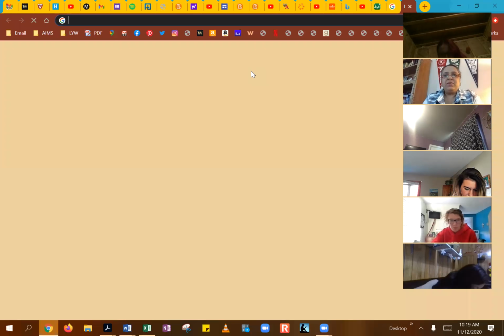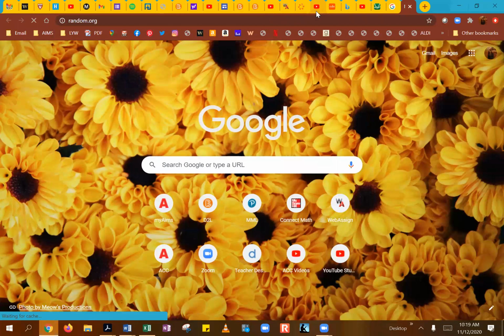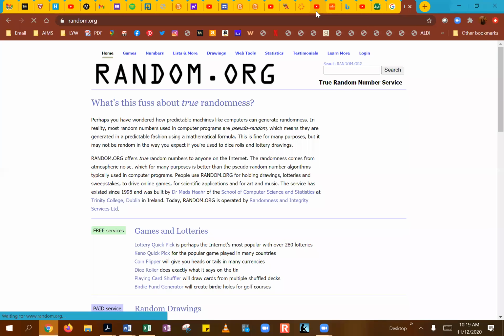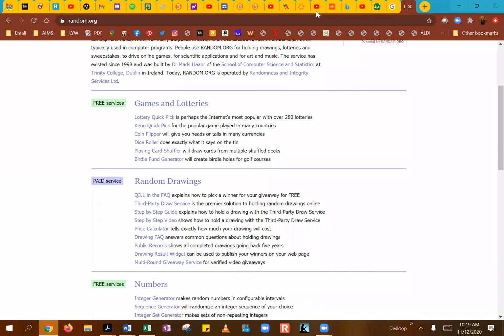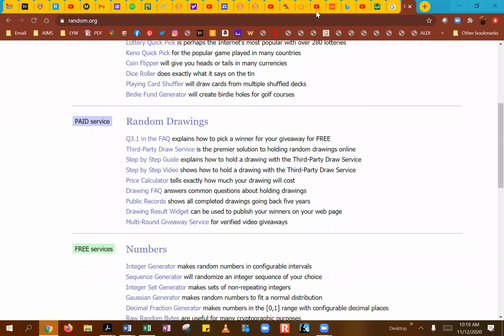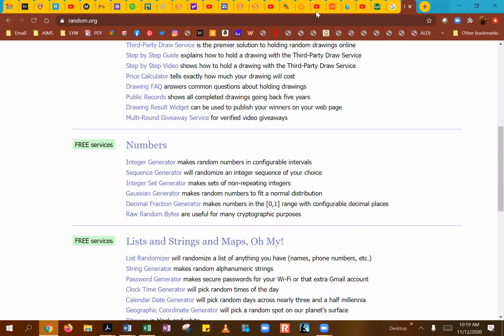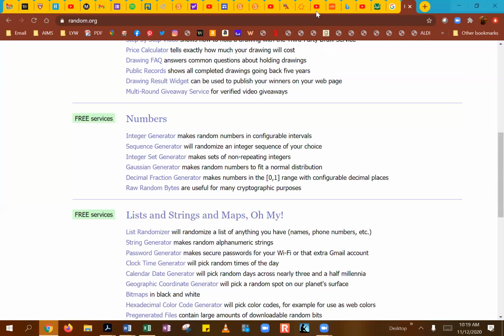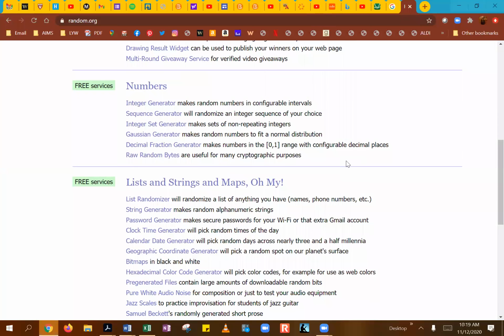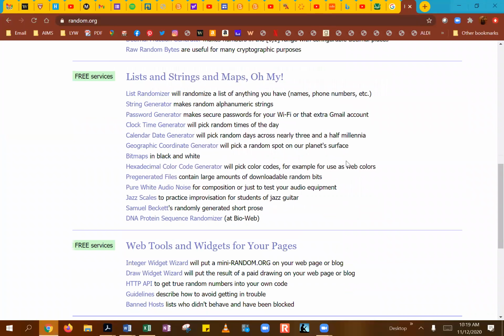And then you can either use a random table, or you can use a random number generator. So I don't know if you guys are familiar with this website called random.org. And it actually gives you a lot of different calculators over here, but we are interested in a random number generator. So we don't really want integers in our numbers.